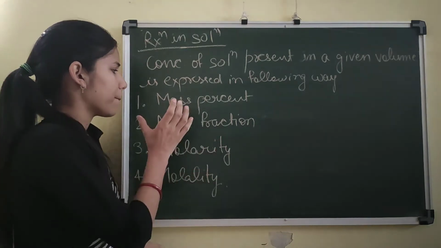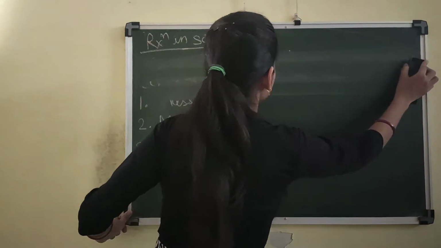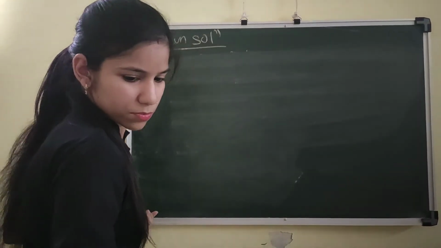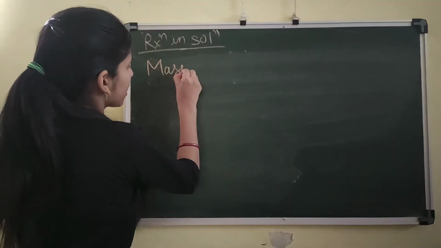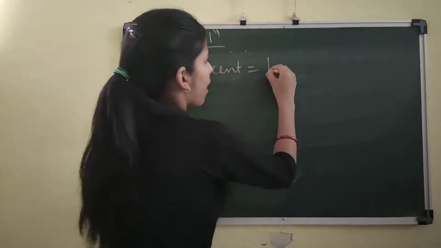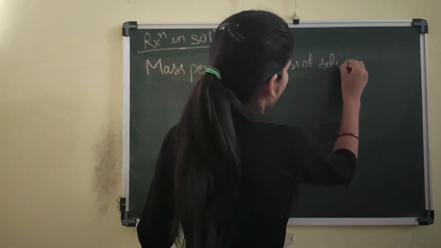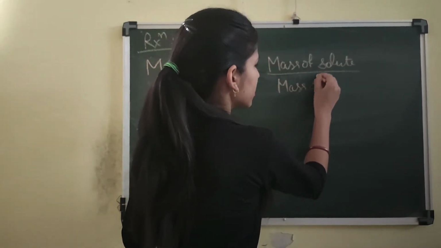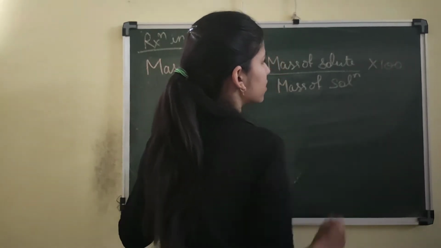Now we study mass percentage. Mass percent is given by the mass of solute divided by the mass of solution, into 100.